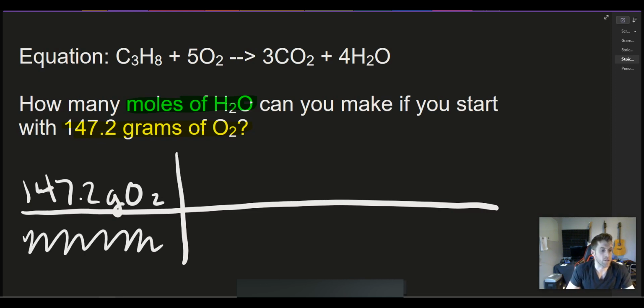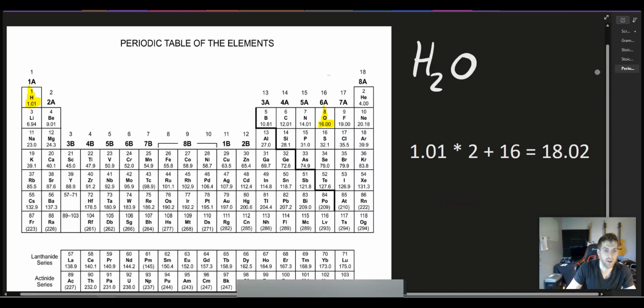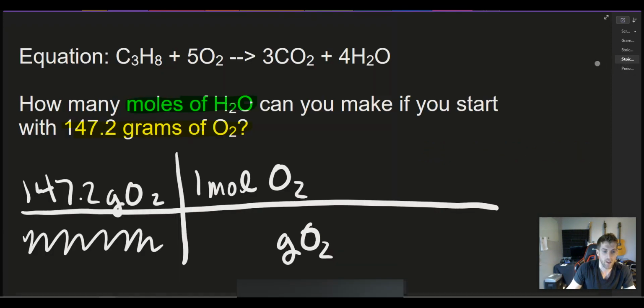We need to exchange these grams for how many are in 1 mole of O2. 1 mole of O2 consists of how many grams of O2? Now, we understood from our periodic table, I can actually just flip here. Oxygen has 16. We're just multiplying that by 2, and that's going to be 32.